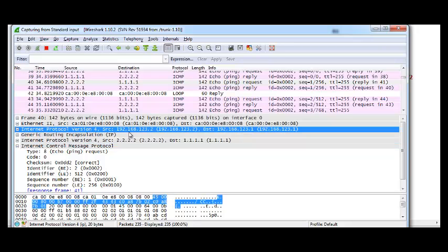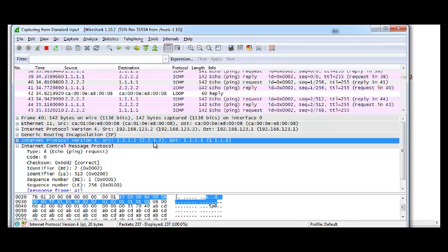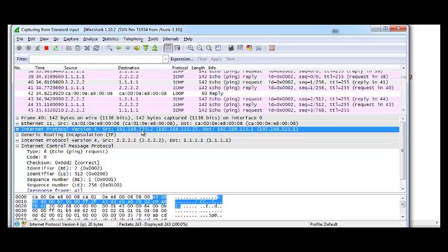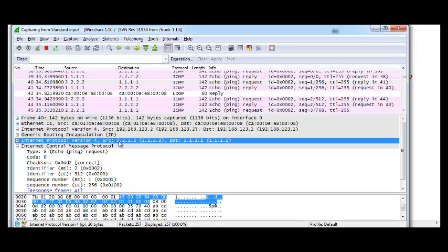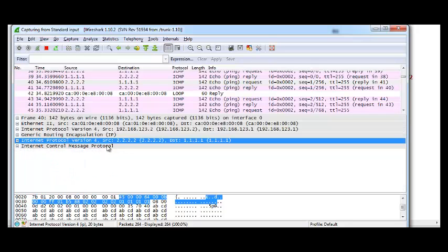So in the real world, this source and destination will be private IP addresses which are not routable on the internet, and this will be the public source and public destination. This is what we call VPN. But the problem with this VPN is it is not secured. Why? The actual source, 2.2.2.2, is revealed to the public. And what packet are you sending? ICMP packet. It is revealed.